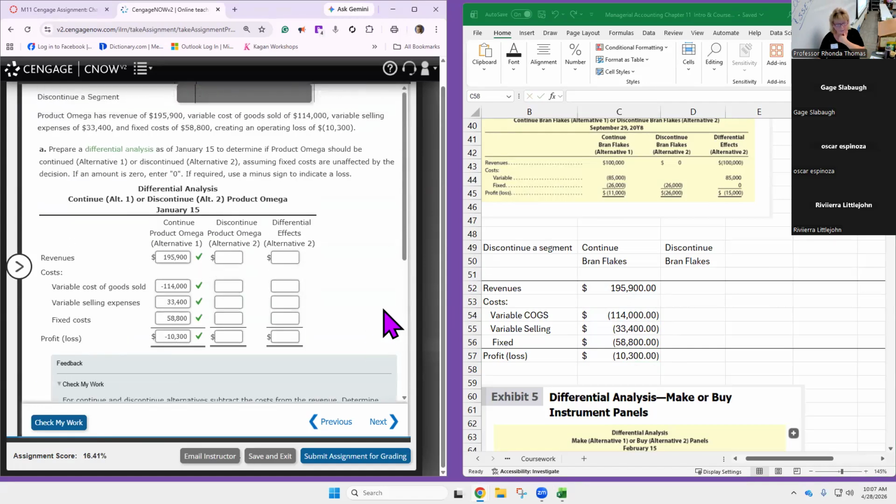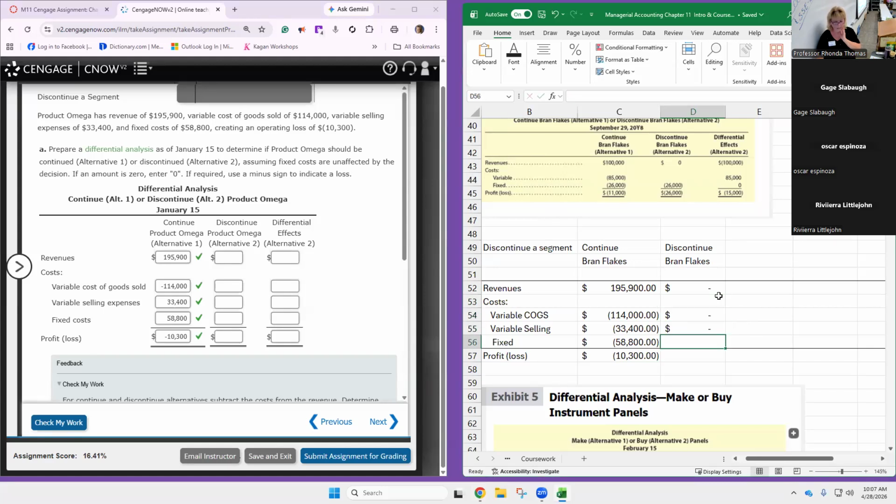Yep. Now what's the alternative? Is to not sell, right? To discontinue the bran flakes. Well, when you discontinue, is there any revenue? No. So we put a big fat goose egg there. There's no cost of goods sold.